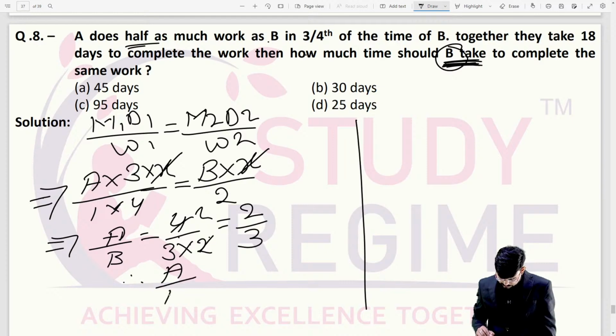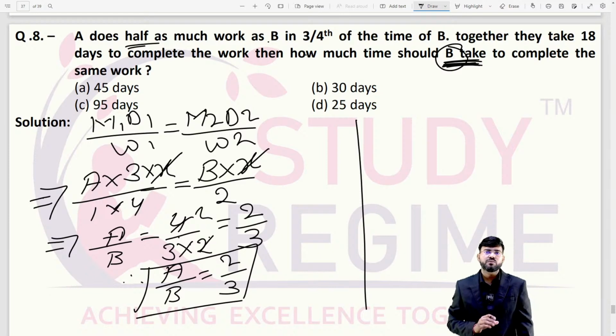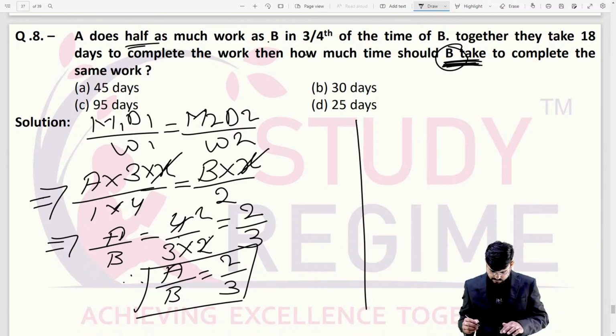Therefore, A by B is equal to 2/3. Clear? The ratio of the efficiency comes out to be 2/3. If A is doing 2 units of work, then B is doing 3 units of work. Clear?